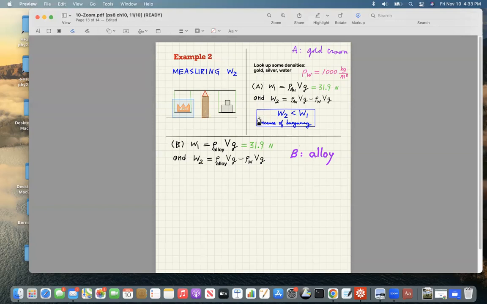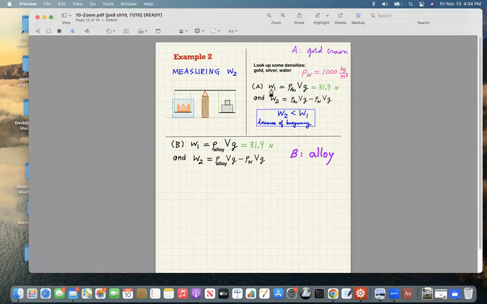All right, so you have to look up the densities of gold and silver. Let's suppose W1 has been measured. Let's say it's measured to be 31.9 newtons. Then this equation will tell you what V is.